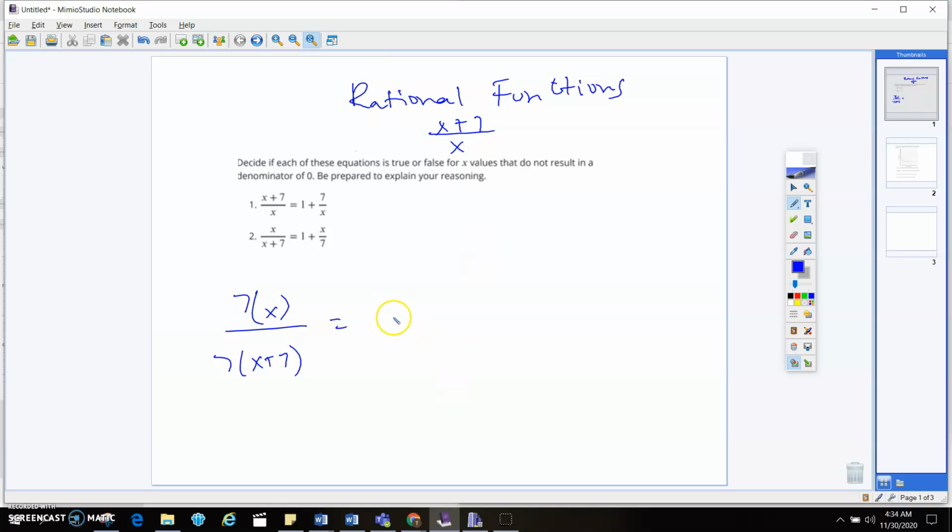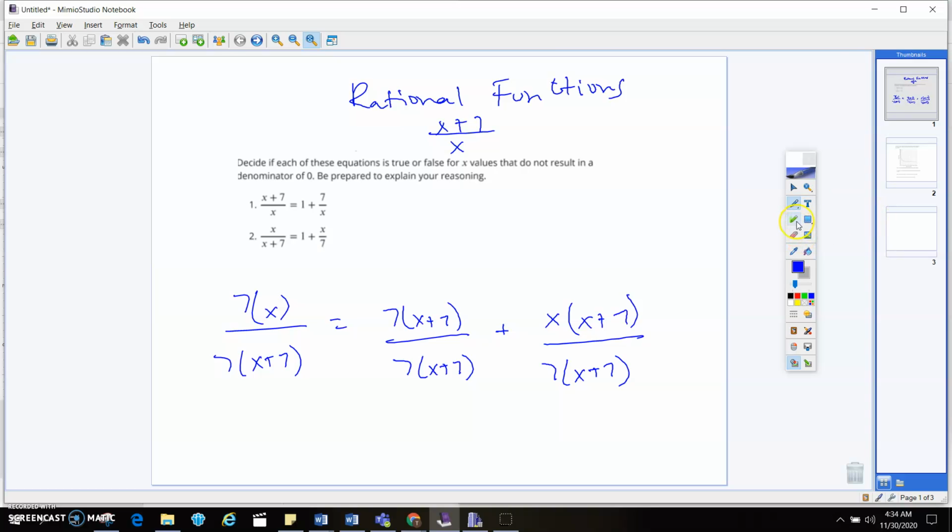So we're going to have 7 and x plus 7 in the top and the bottom. For that 1, notice how if I take this and divide it out, it gives me 1. Over here, I'm going to multiply by x plus 7 in the top and the bottom. Notice how all 3 have the same denominators now.